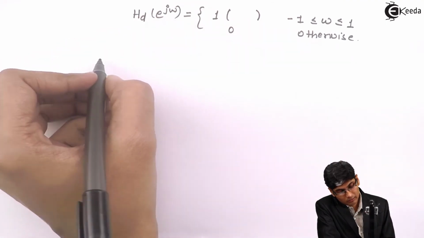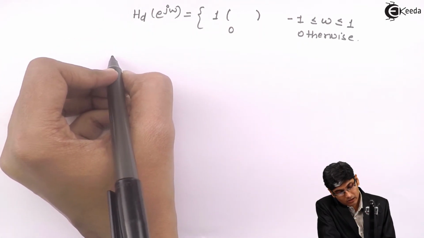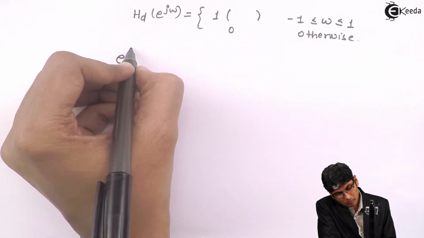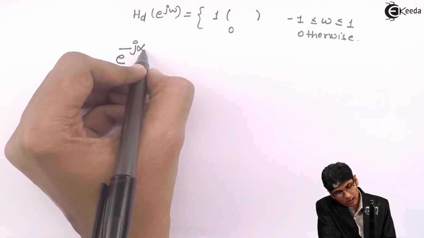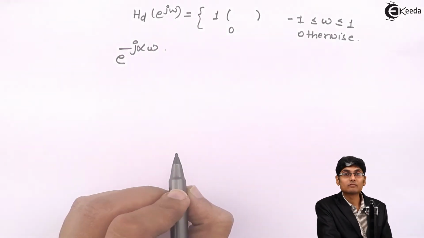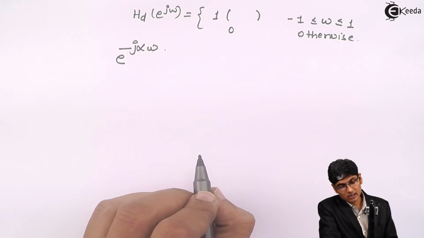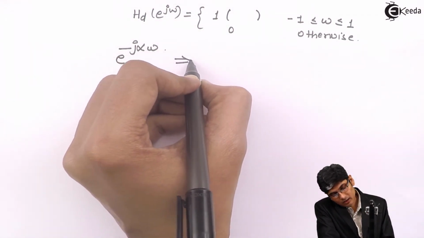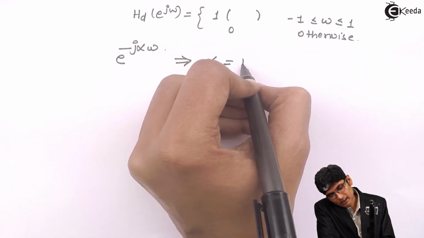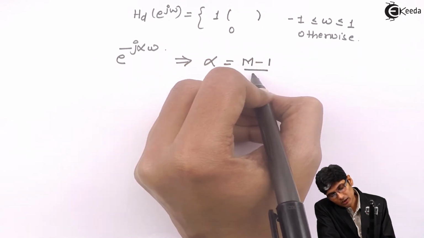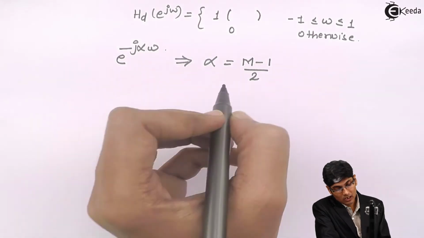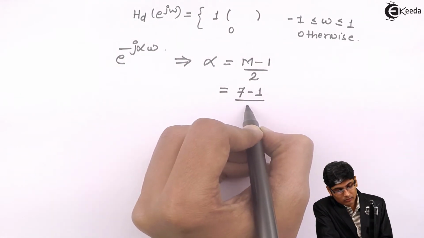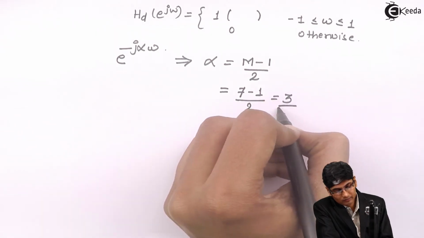So let us make this bracket term. The bracket term is given as e raised to minus j alpha omega, and here alpha is given as (M minus 1) by 2. M in our case is 7, so 7 minus 1 by 2 gives me 3.